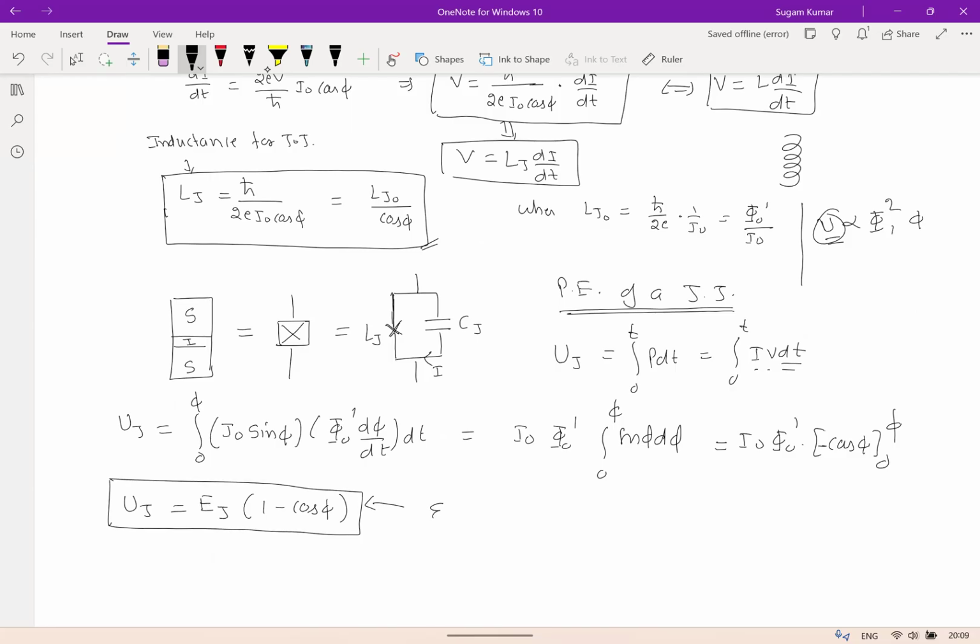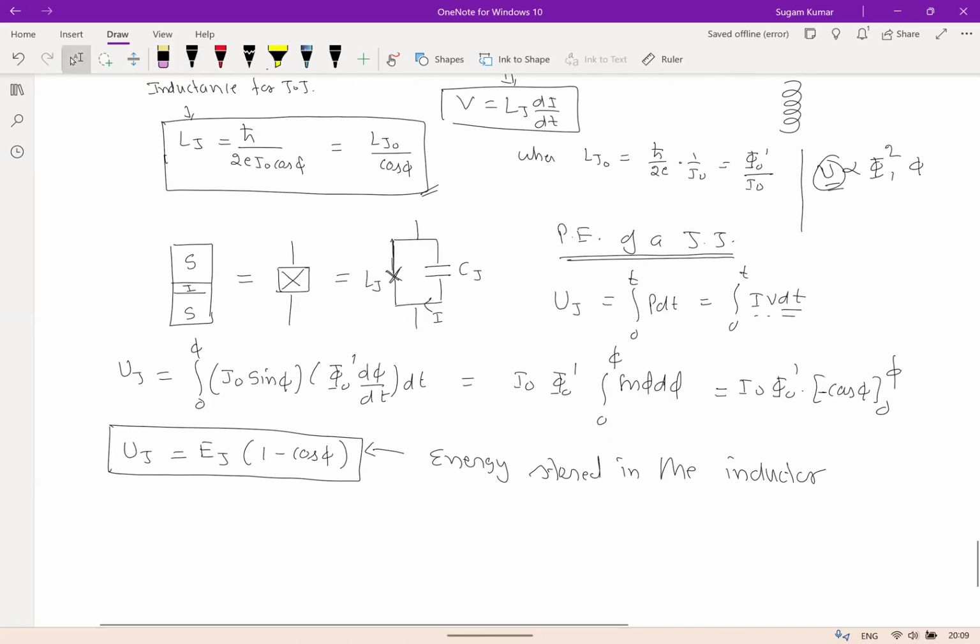So this is the energy stored in the inductor, where this whole part I'm calling Ej.